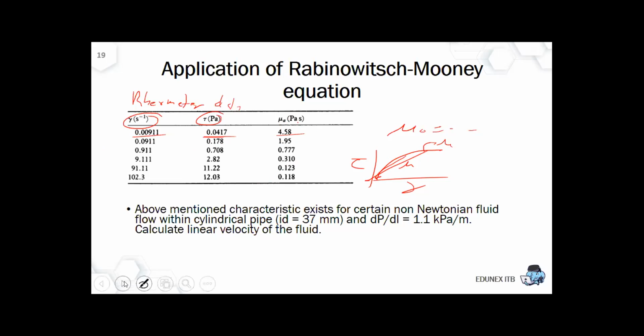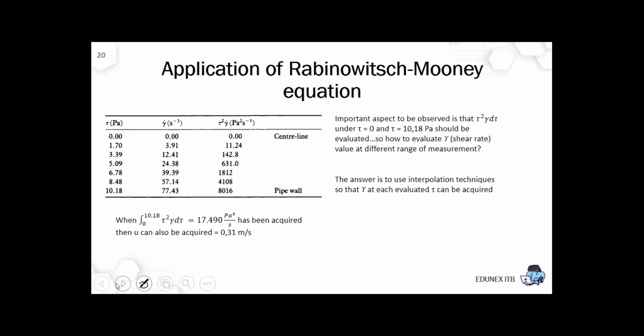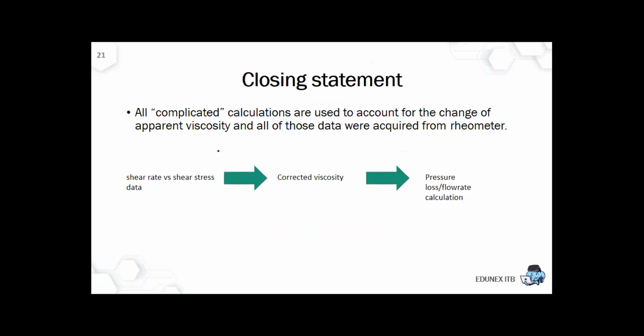I will step to the closing statement for this slide. I still have one more slide. All complicated calculations are used to account for the change of apparent viscosity, and all of those data are acquired from the rheometer. So this is the step for non-Newtonian: you have the data of shear rate versus shear stress, and then you get the corrected viscosity.